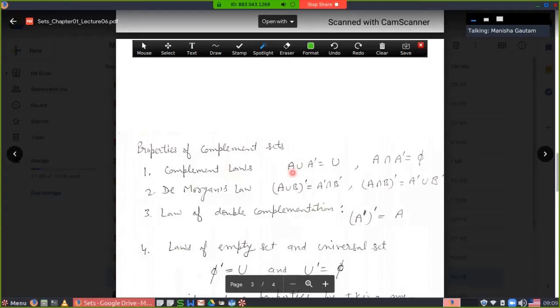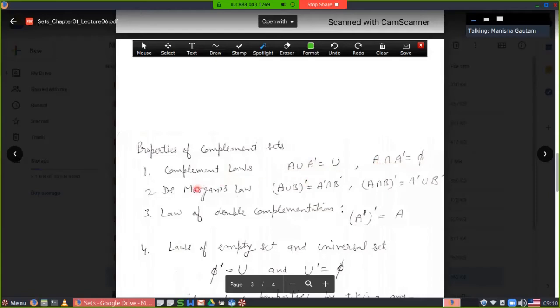When you do the union of A and A complement, the A set and the complement of A set, you will get the universal set, because A complement has elements which are not in A. It means when you unite these two sets, you will get the universal set. The intersection of A and A complement is the empty set. Nothing will be common in these two sets.